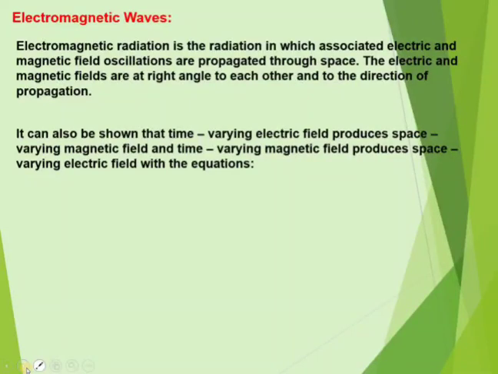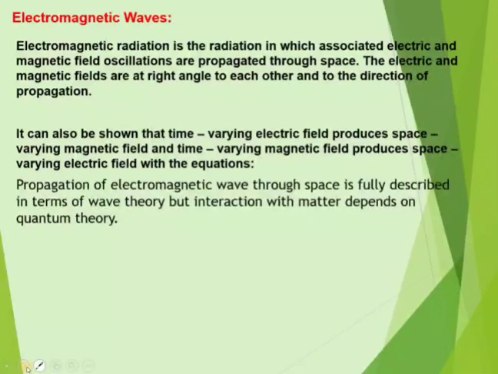With the coupled form, we can say that the time varying electric field produces space varying magnetic field, and a time varying magnetic field produces a space varying electric field with their equations. The propagation of electromagnetic wave through the space is fully described in terms of wave theory, but the interaction with the matter depends on the quantum theory.